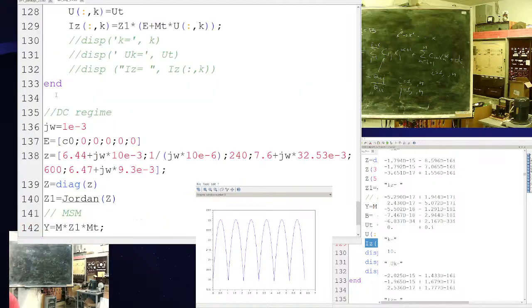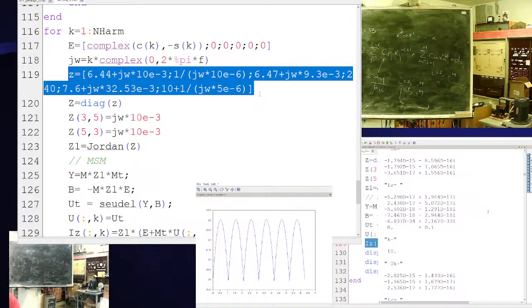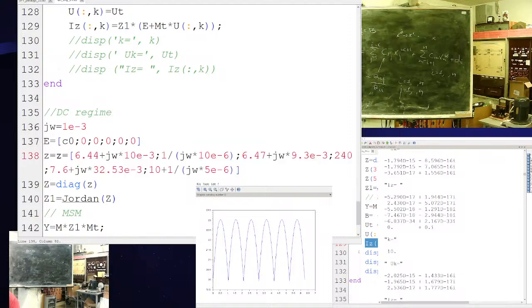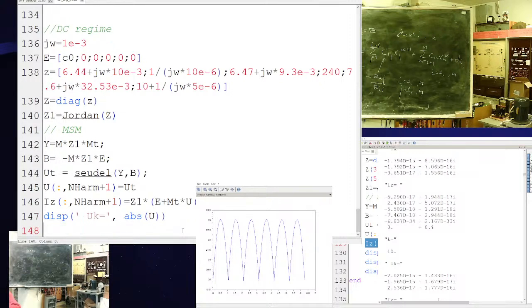I will copy this. Don't show it to your electrotechnics theory teacher. I calculate DC regime as a very, very slow AC. I'm lazy. I don't want to create a second set of matrices.